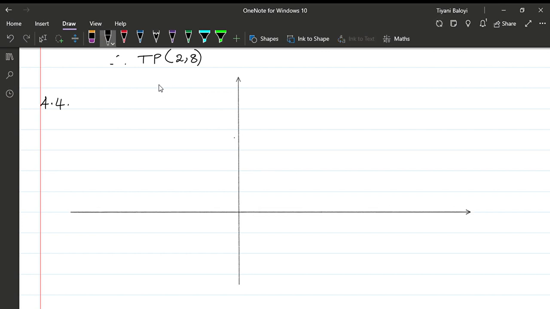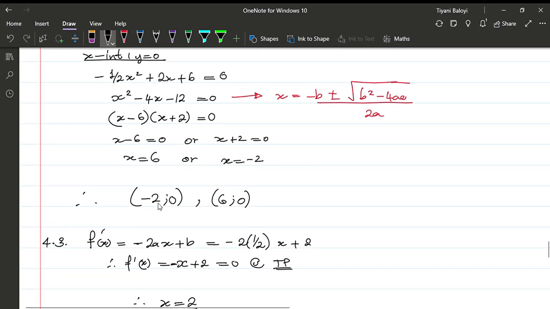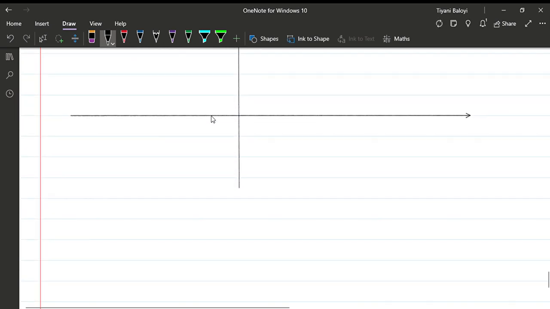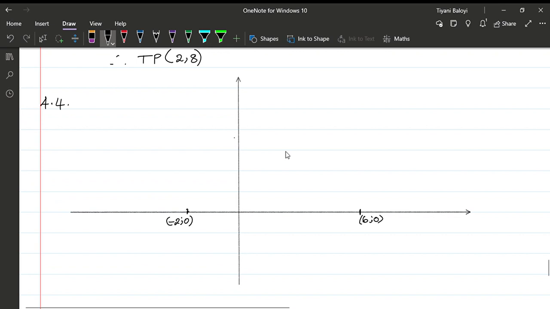So we have to indicate the x-intercepts, which were minus 2 and 0, 6 and 0. So we can just put minus 2 here, minus 2 and 0. And then we can just say this is 2, this is 4, this is 6. Graph will be a little bit big, but that makes things much easier because you can see how it looks.